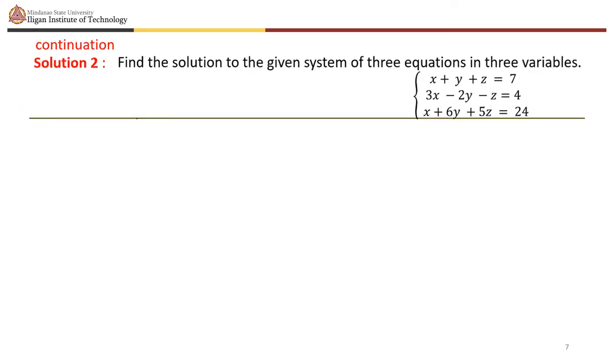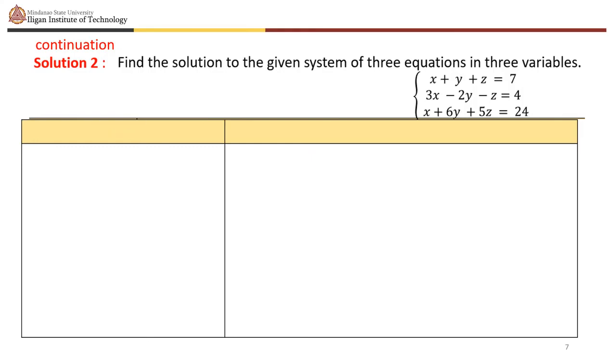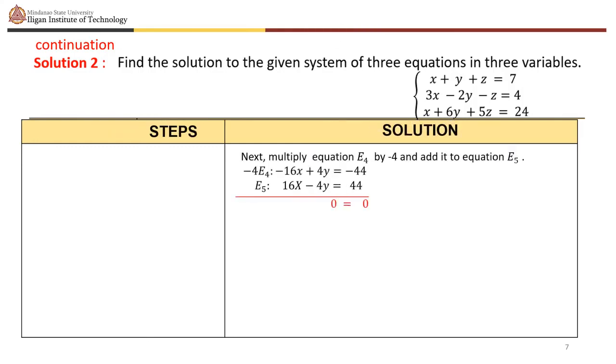Now we continue solving in finding the solution to the given system of three equations in three variables. x plus y plus z is equal to 7, 3x minus 2y minus z is equal to 4, x plus 6y plus 5z is equal to 24. So here are the steps. We next multiply equation e sub 4 by negative 4 and add it to equation e sub 5.